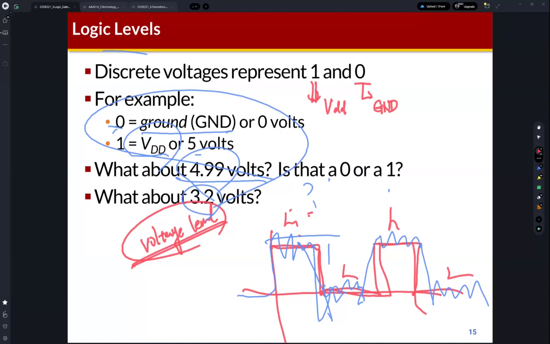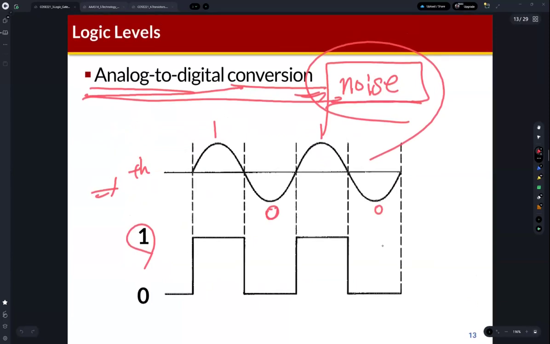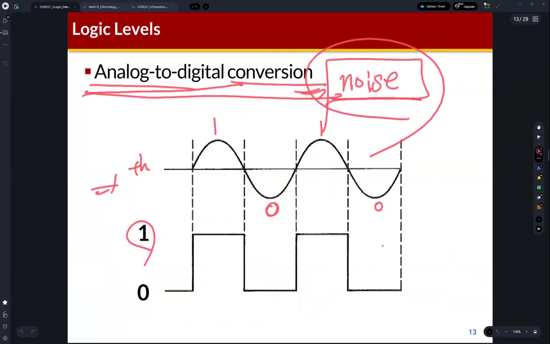It is because in the real circuit, noise can be added, and noise changes the value of the analog signals. Which means that if the values are changed, the digital value can also be changed. But the advantage of a digital signal is that it is tolerant to noisy signals.